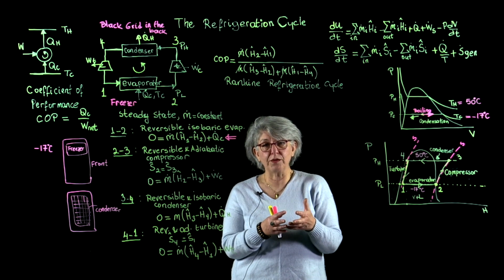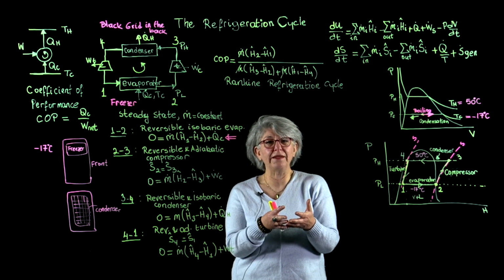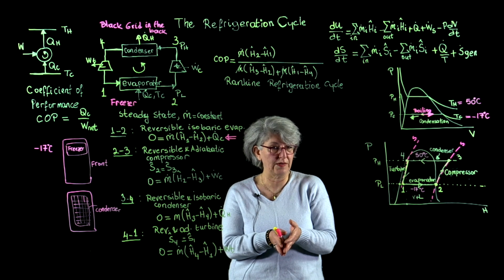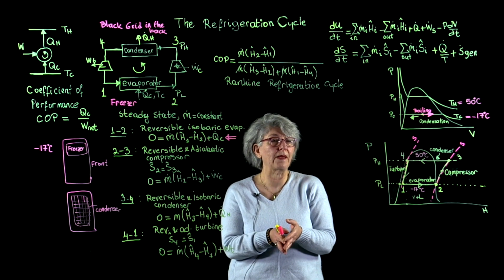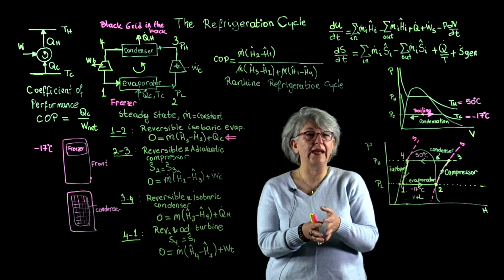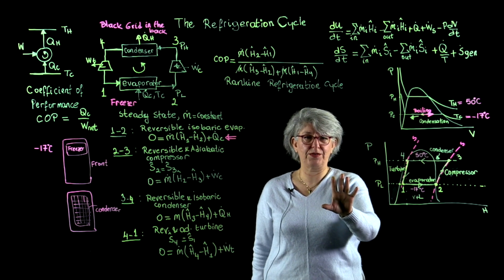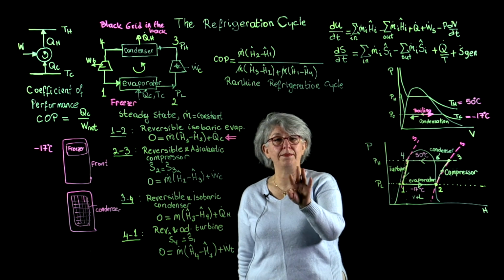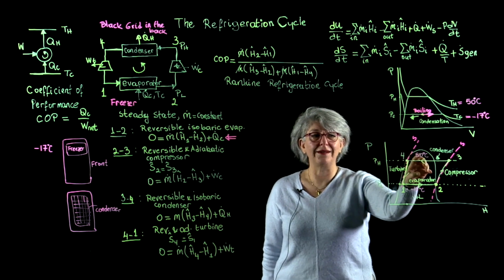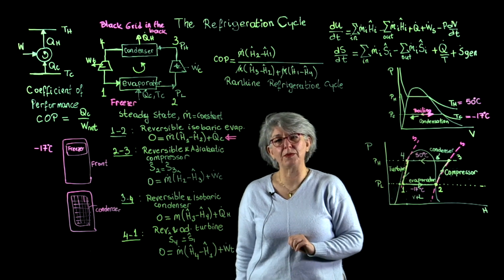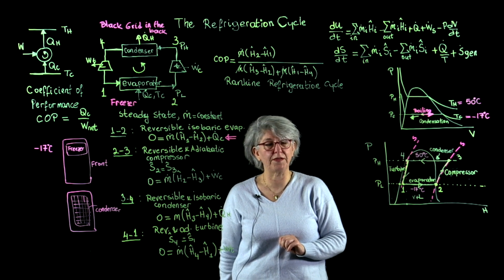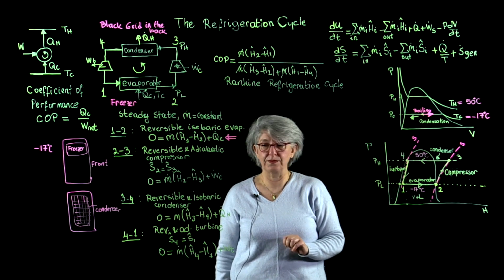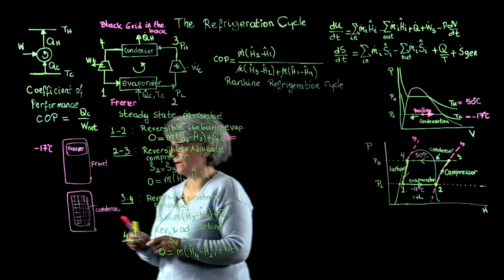So I need a fluid that is going to boil at minus 17 degrees Celsius at atmospheric pressures, and that fluid should condense at reasonable pressures, all right? Not too high pressures, when its boiling point is around 50 degrees Celsius. Now, what could be such a fluid?